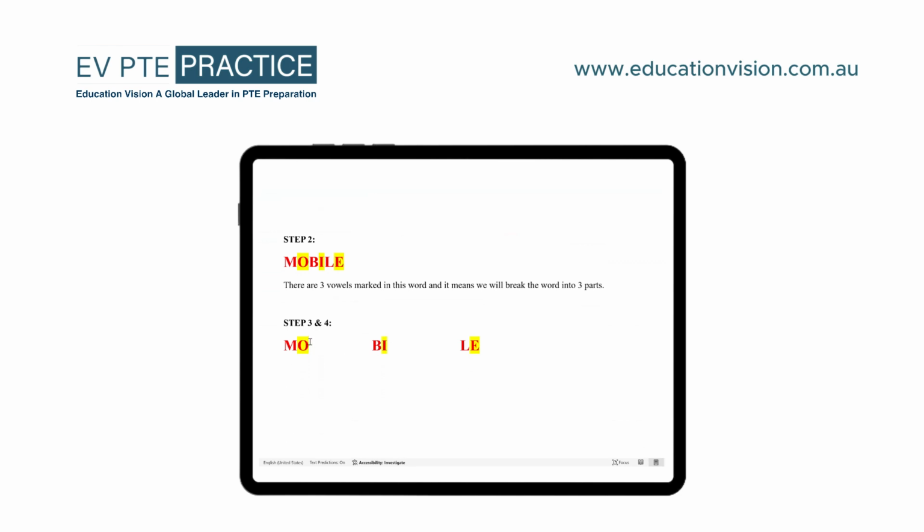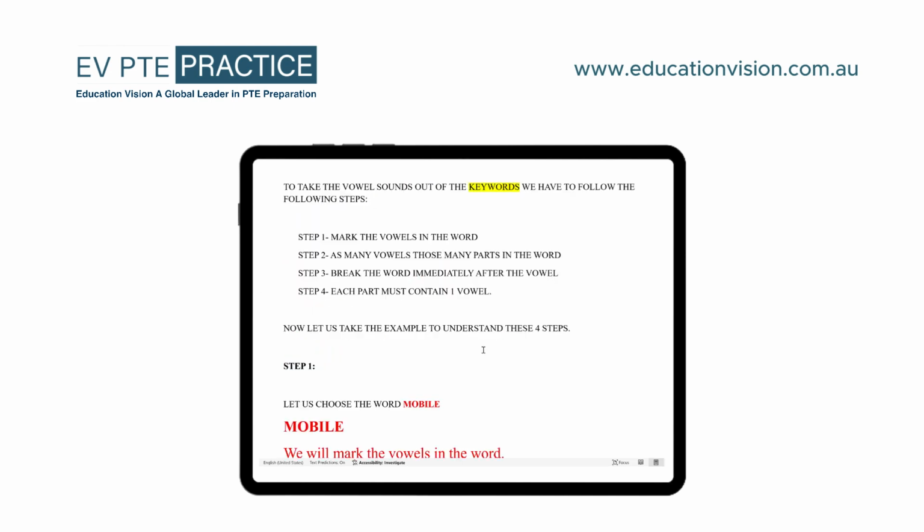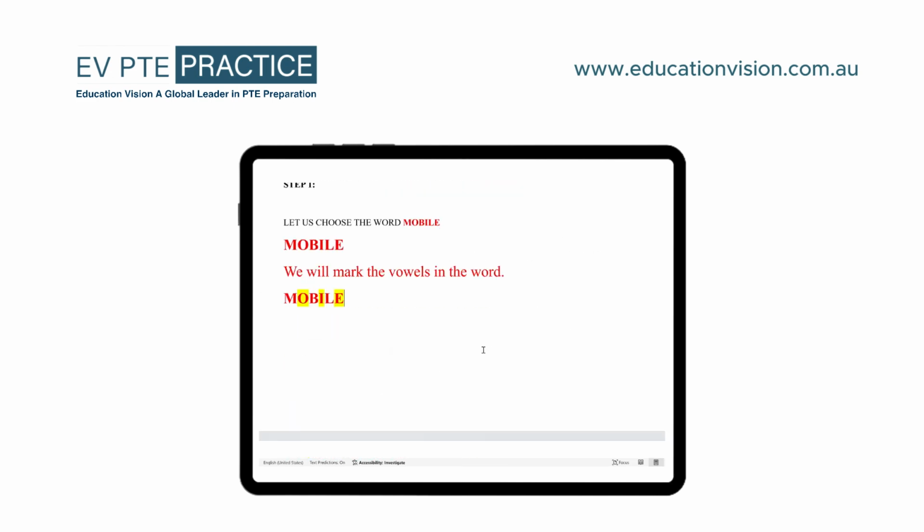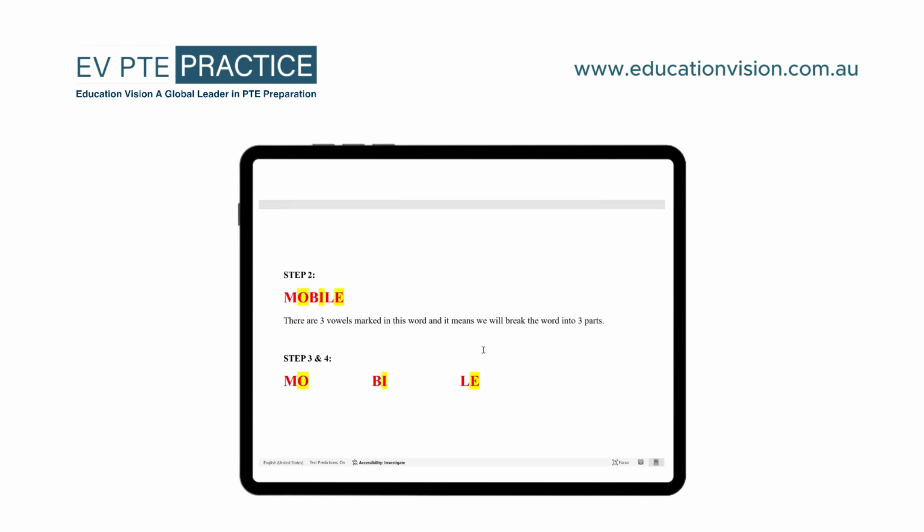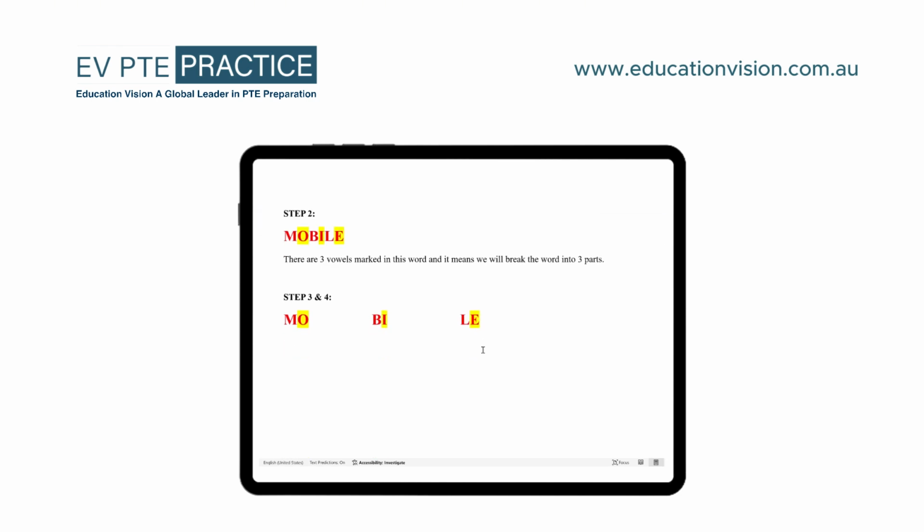So O was the first vowel, we break the word after O. Then I is the next vowel, we break it after I. So 3 parts, and each part has one vowel in it, as step 4 dictates. So we have 3 vowels.